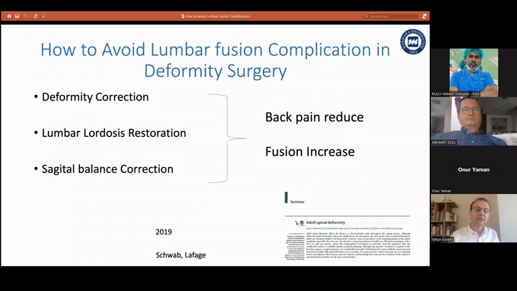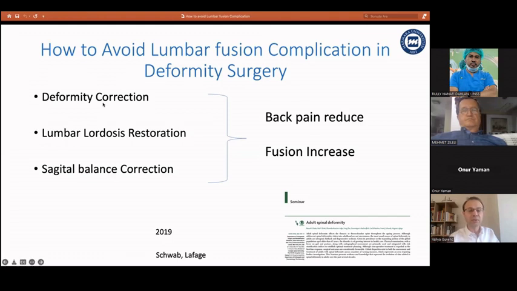And how to avoid lumbar fusion complications in deformity surgery, because we have some high risk in deformity surgery. We use these fusion techniques, but in deformity surgery, the risk is high, related to instrumentation and sometimes related to technique. Because of that, there are some preventive techniques.